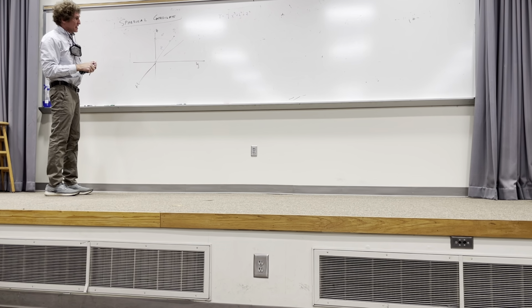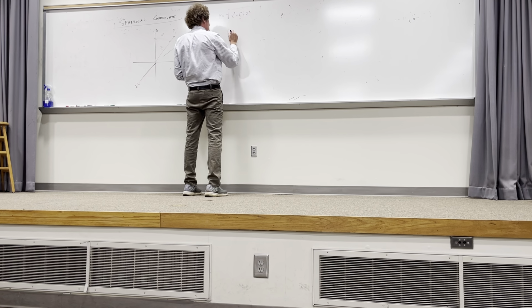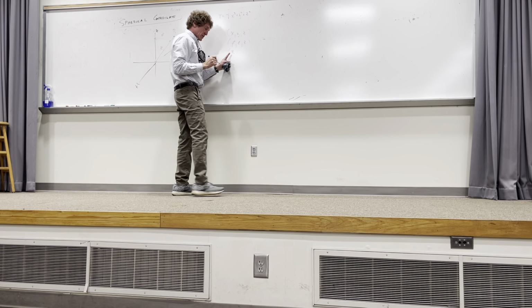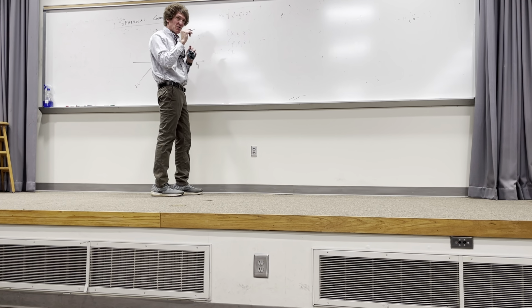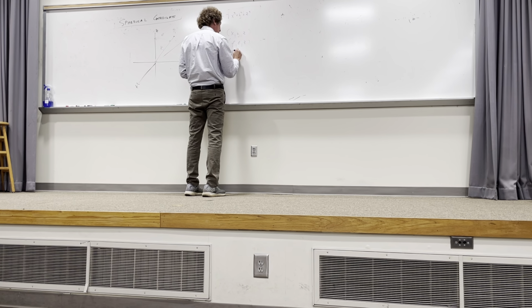And the way you order points in spherical coordinates: in Cartesian it's x, y, z. In cylindrical it's rho, phi, z. And in spherical it's going to be R, then theta, and then phi.